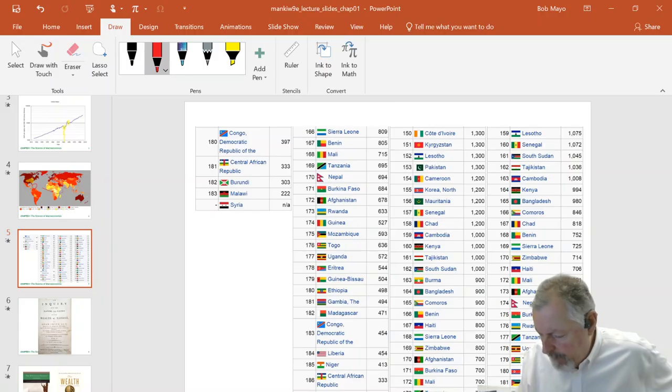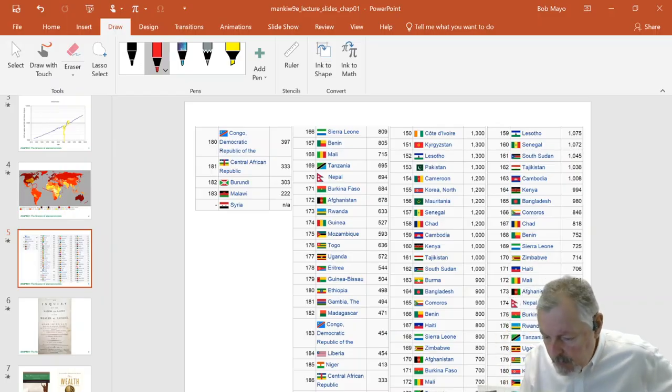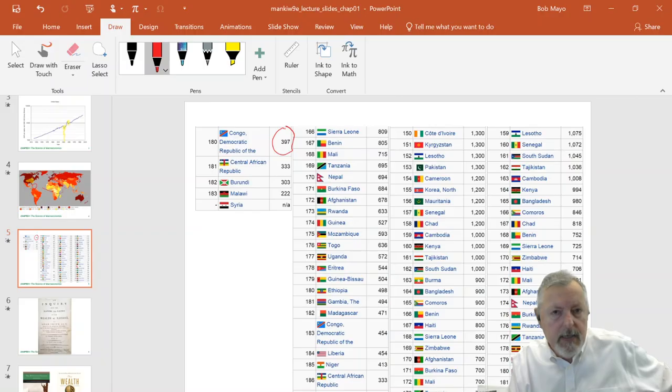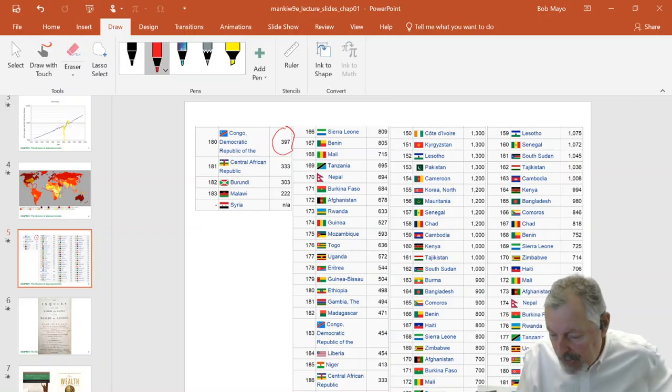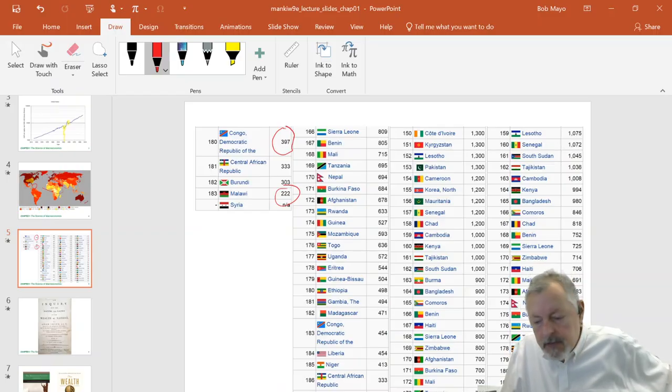I think this is as of 2013. The average person in the Democratic Republic of the Congo had an annual income equivalent to $397. Malawi, $222. How do you survive on less than $1 a day?